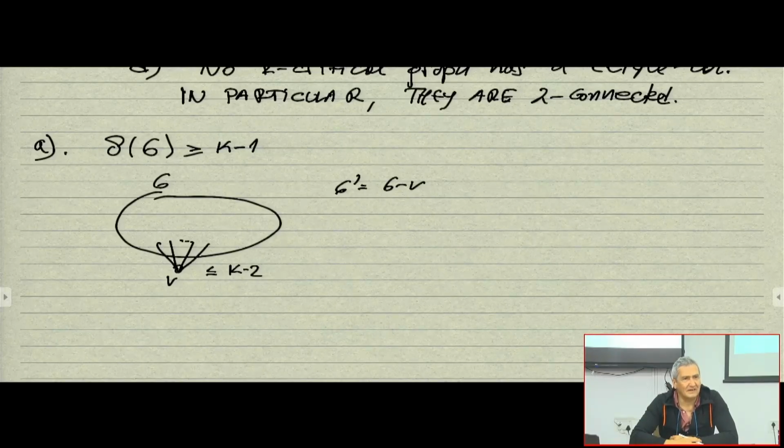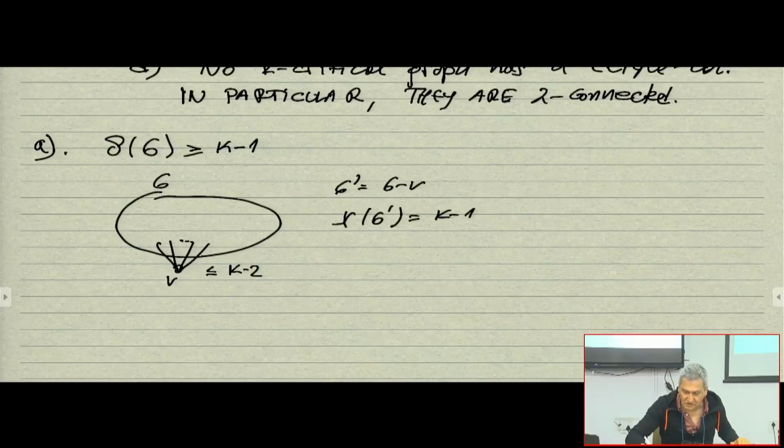What is the chromatic number of G prime? Because we remove a vertex from G, the chromatic number will go from K to K minus 1. Actually, smaller or equal to K minus 1. But it is easy to see that it is precisely K minus 1. So, okay.